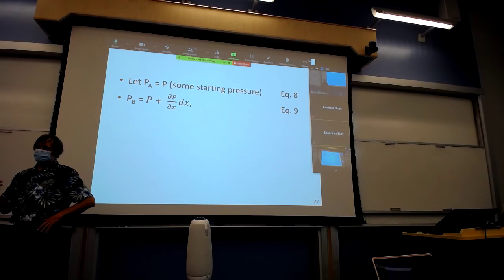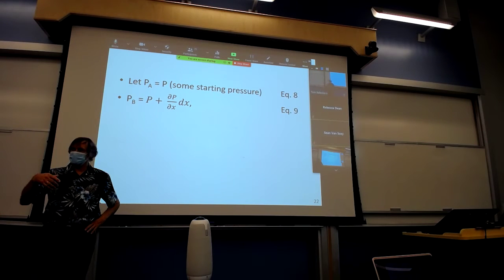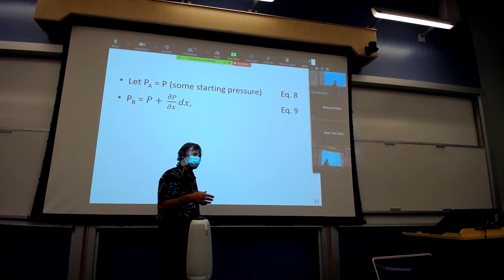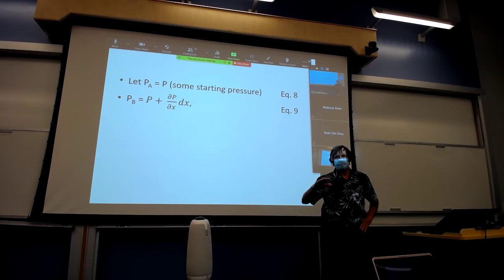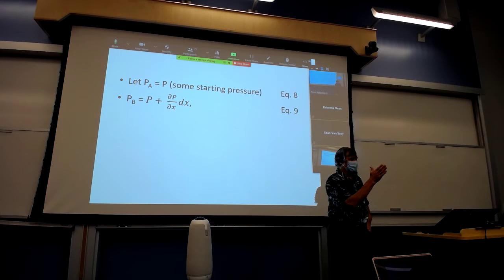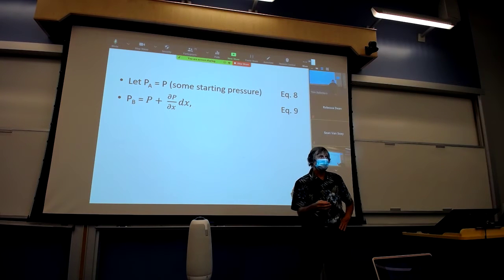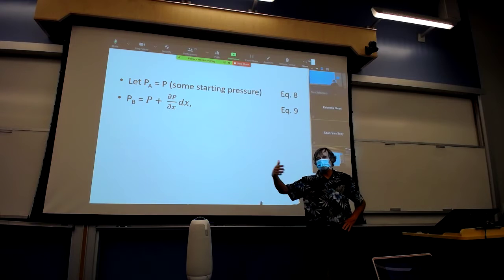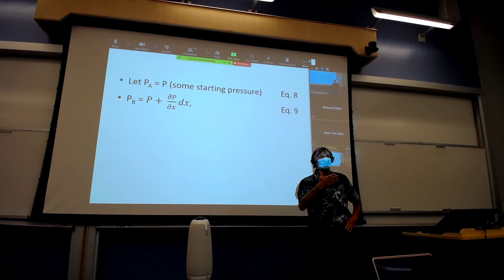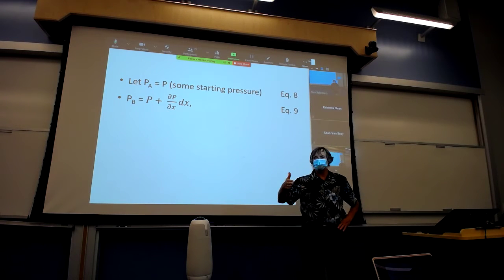So if we move in the Z direction, we get a change in pressure due to the pressure gradient in the Z direction, dP/dZ. If we move in the X direction, we get a change in pressure, say from point A to point B, due to the pressure gradient dP/dX. The analogy we made last time is when you drive from here down to Florida on spring break, the temperature increases as a function of the distance.